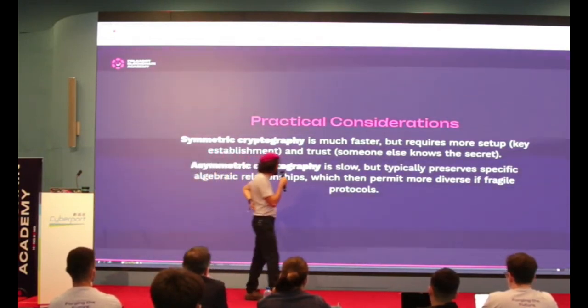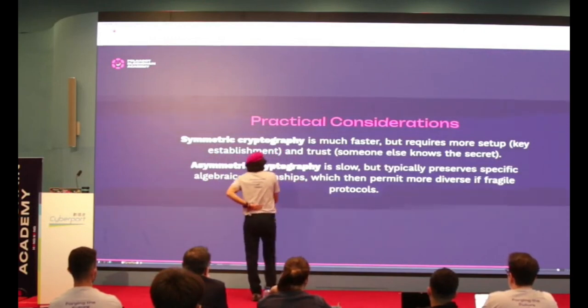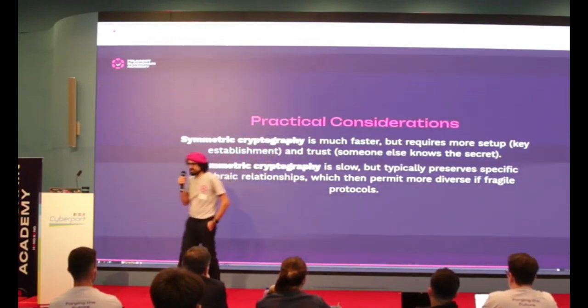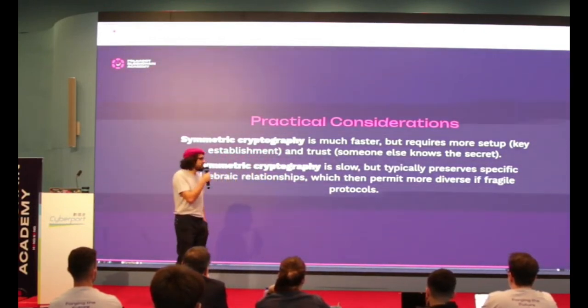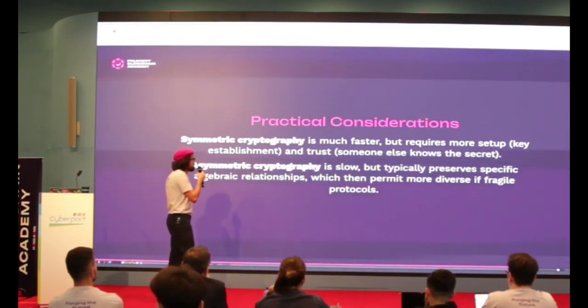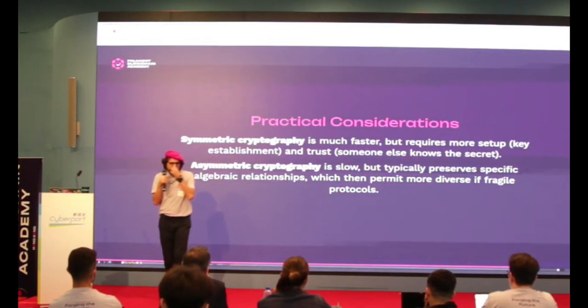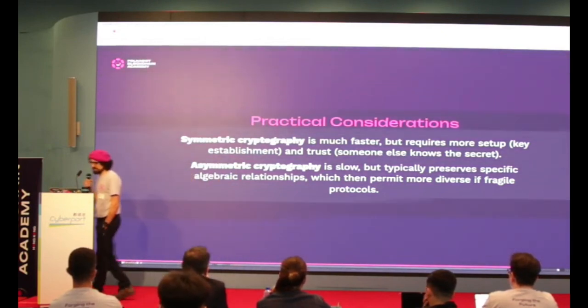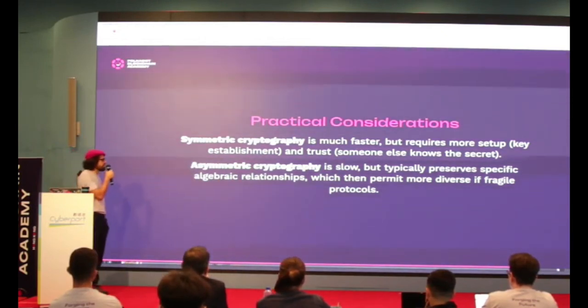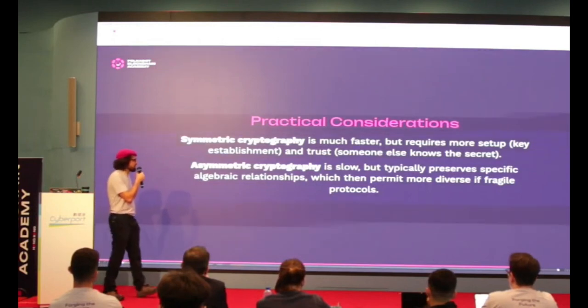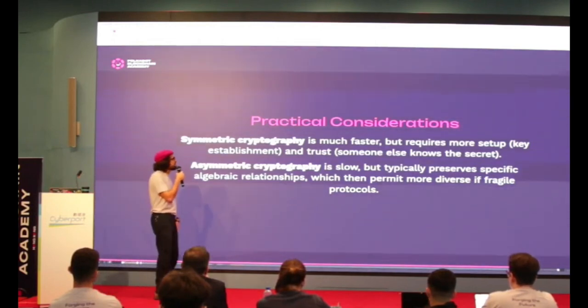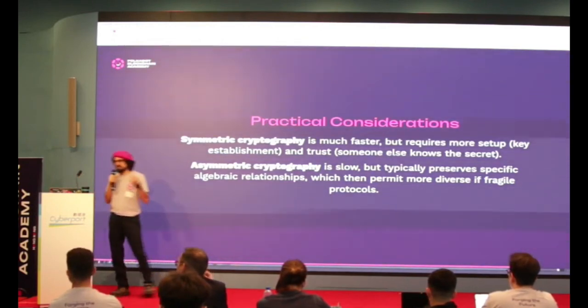Asymmetric cryptography is slower and the assumption in it is much less strong. But because of the mathematical structure, it gives you all other things, the digital signature, the asymmetric encryption that doesn't need a secret channel. It gives you all this good stuff, but it's not as fast.